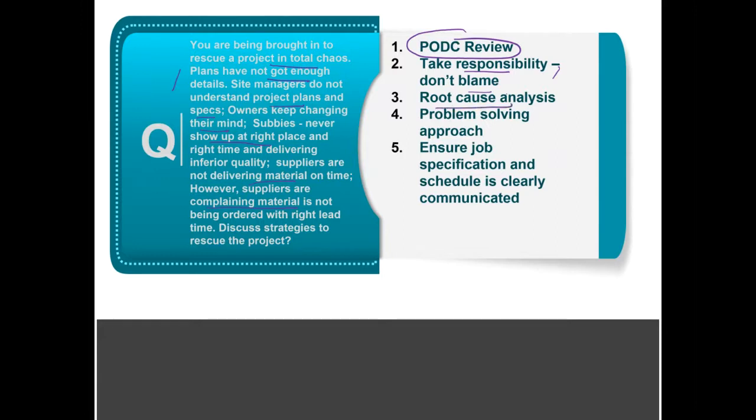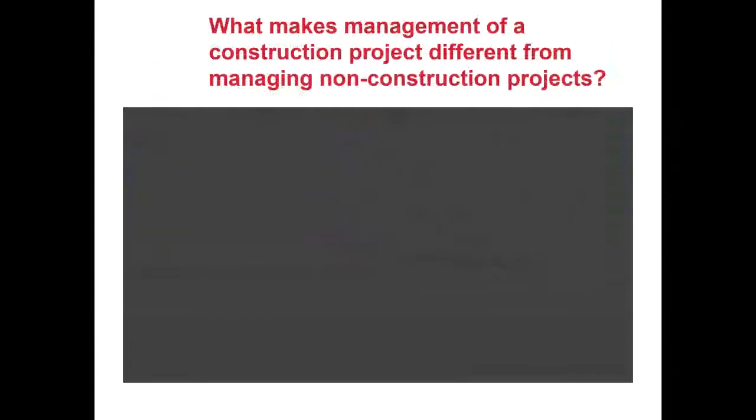Maybe you could use tools such as root cause analysis or five why analysis, where you keep asking a why question till you get to the bottom of the matter. Or problem-solving approaches. Ensure job specification and schedule are clearly communicated. So we do encounter a lot of challenges, and using some of the tools available in the toolkit, we could address them.